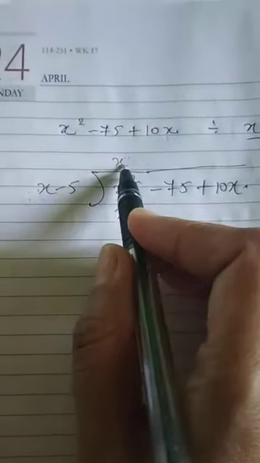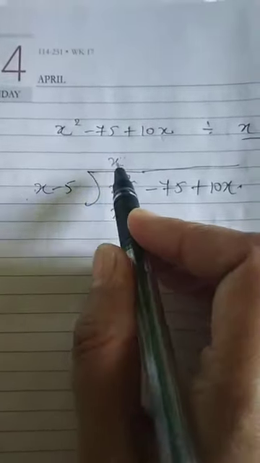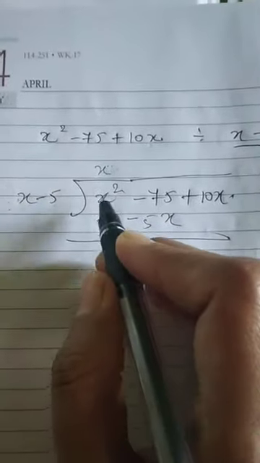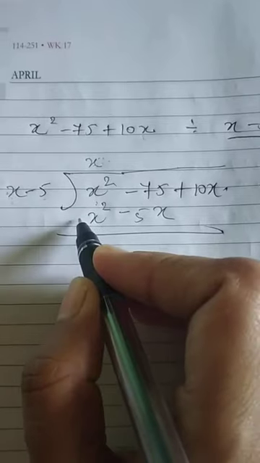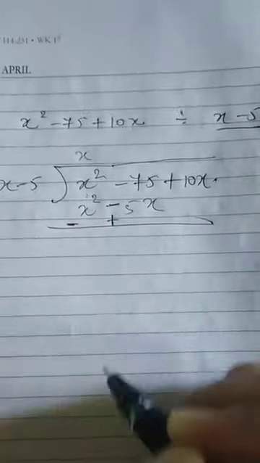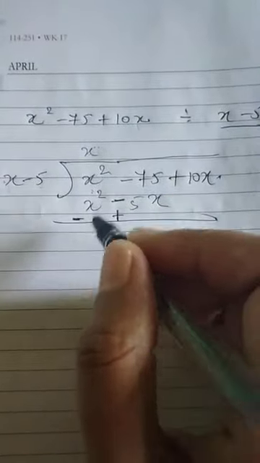But if I have written x, this x will get multiplied with this 5 also. Here is minus, plus minus, 5 into x, 5x. Done. One time, one term only you will take. Now you will have to change the sign. It is plus, so it will become minus. It is minus, so it will become plus. You have to change the sign before cancelling it.